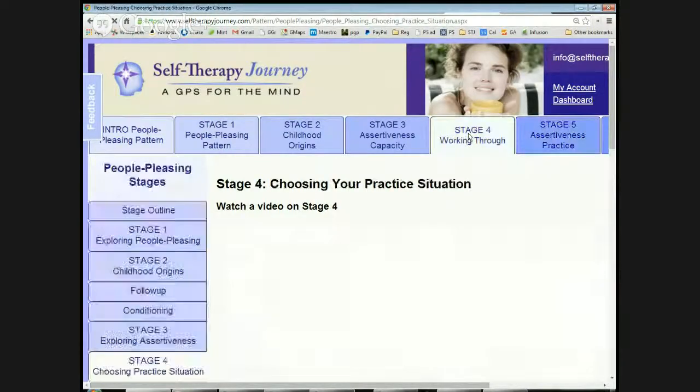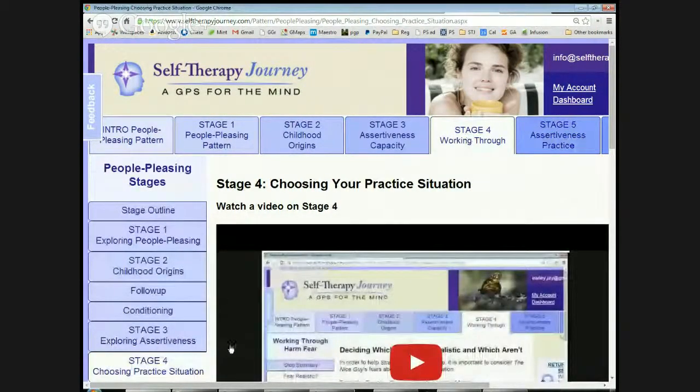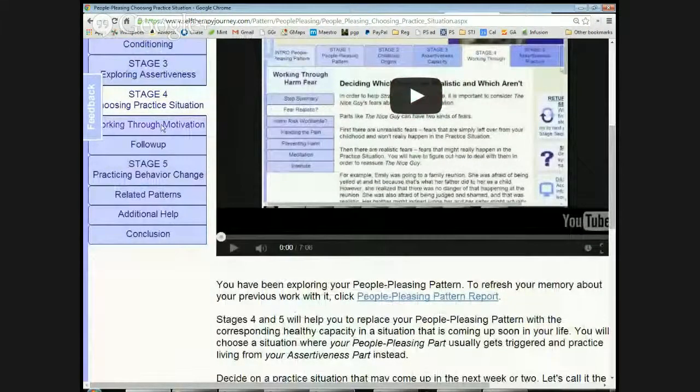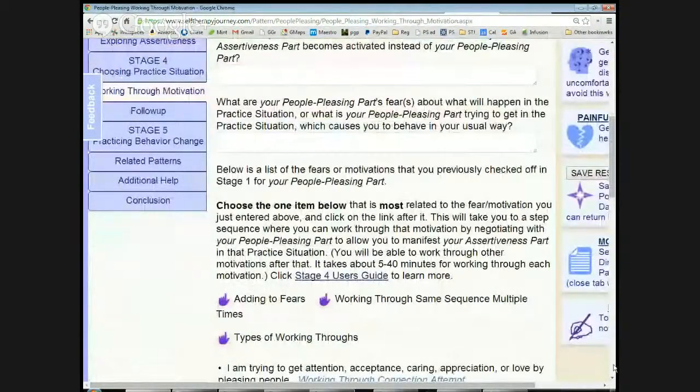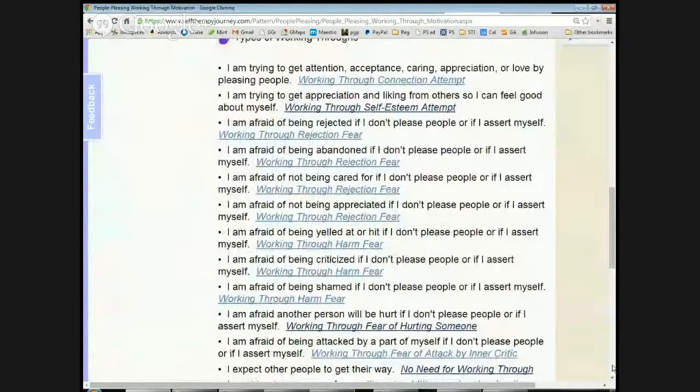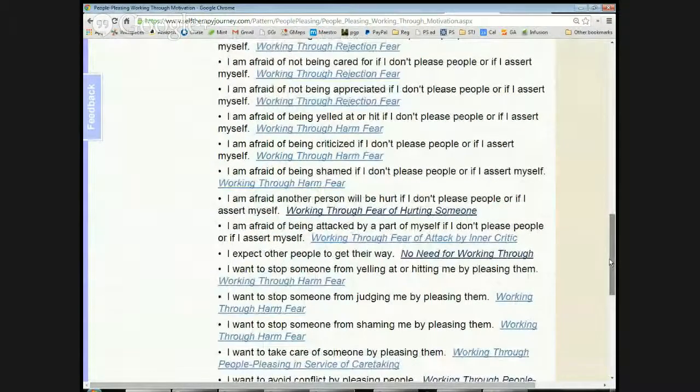Let me just go back. Don't have any time here. So if I go back to the working through page in stage 4, yeah, you can do that.